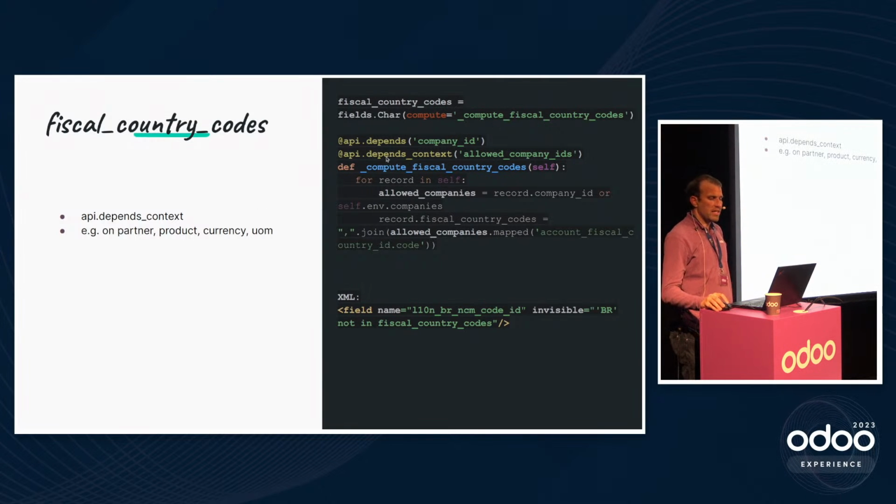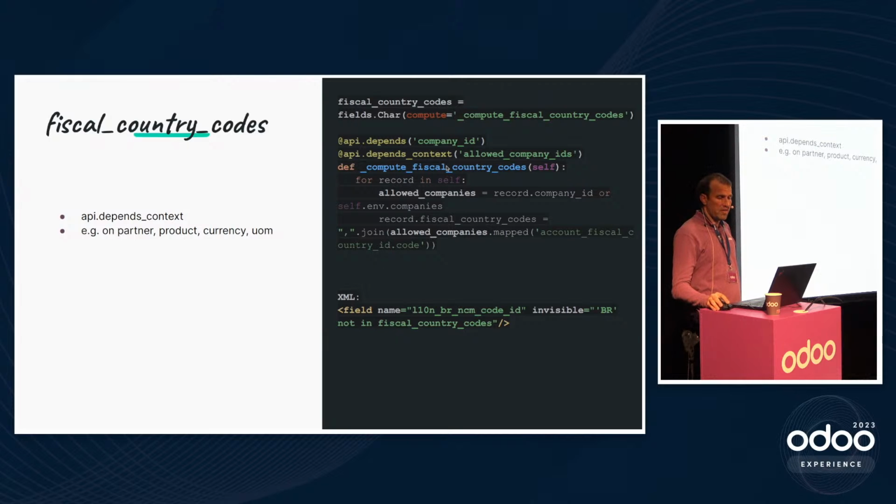And what happens is that there it depends on the context. So sometimes you can still have a company ID on the object itself, because you can put a company ID on a product, but it's not required. Mostly actually you are going to share them. And then whether you show an extra field on a product or a partner will depend on what you put in the company switcher. If you select multiple companies and one of the companies is Peru, or in this case Brazil, then it will be shown.